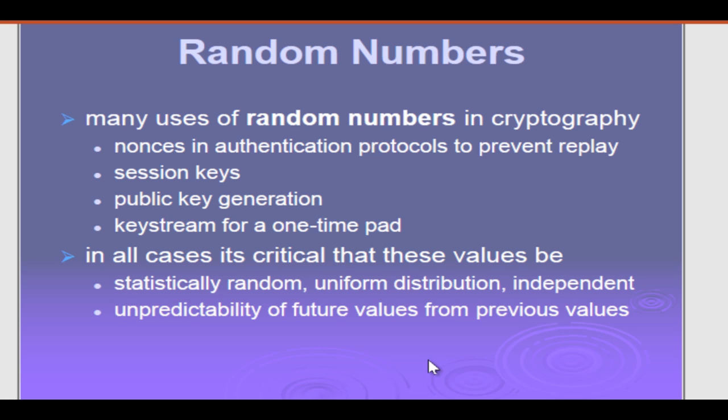If you are a good mathematician with good reasoning skills, you can say the next number by looking at the series. But the random numbers generated in cryptography, you cannot predict the next number in any way. So such complex random numbers you have to choose.